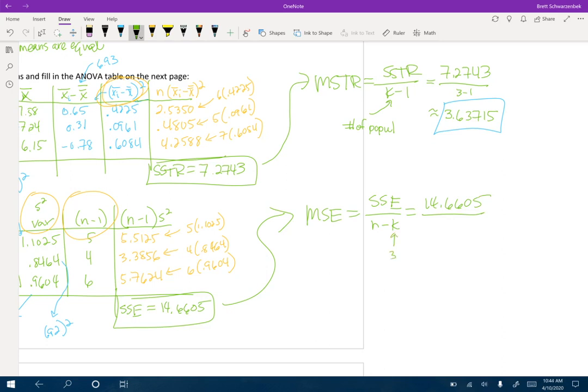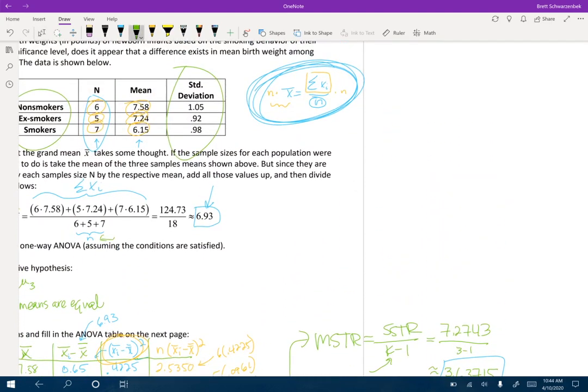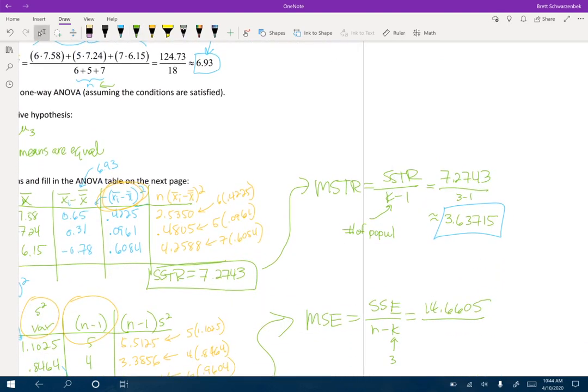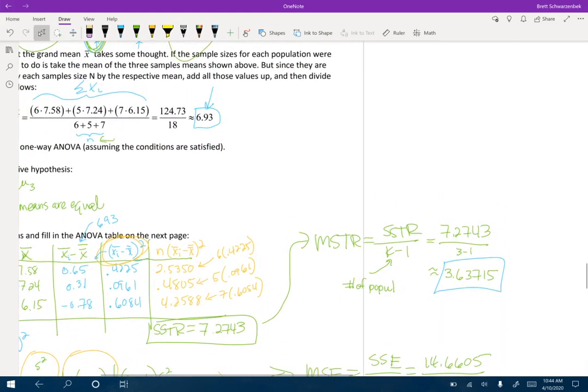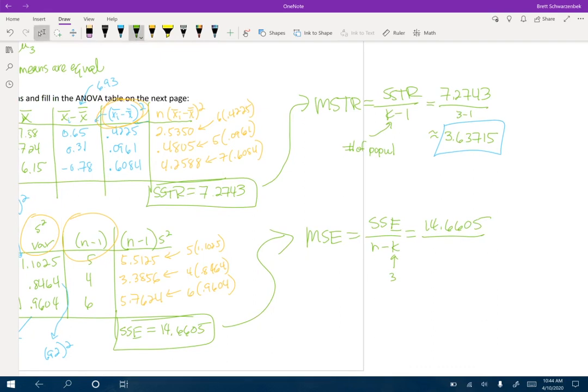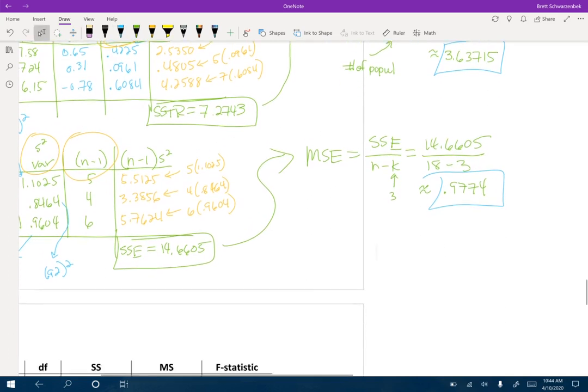N is the total number of samples, so that is the sum of these numbers 6, 5, and 7. That makes 18, right? So we're going to get 18 minus 3, which is 15. When we do this division, we're going to get 0.9774 for MSE.